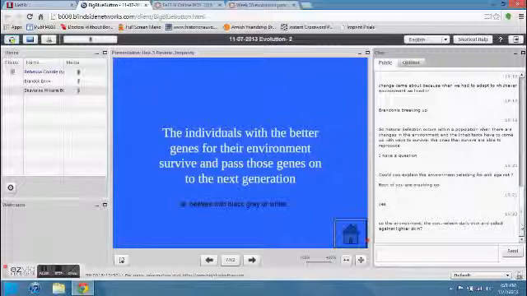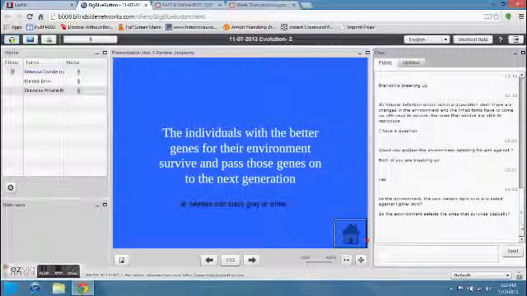Exactly. In a different example, let's see. If you think of the environment selects the ones that survive, basically.